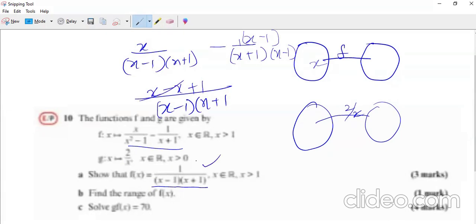Now he says find the range of this. So the range is on the y-axis. If I multiply this again, this will be 1 by x² minus 1. It's a quadratic.